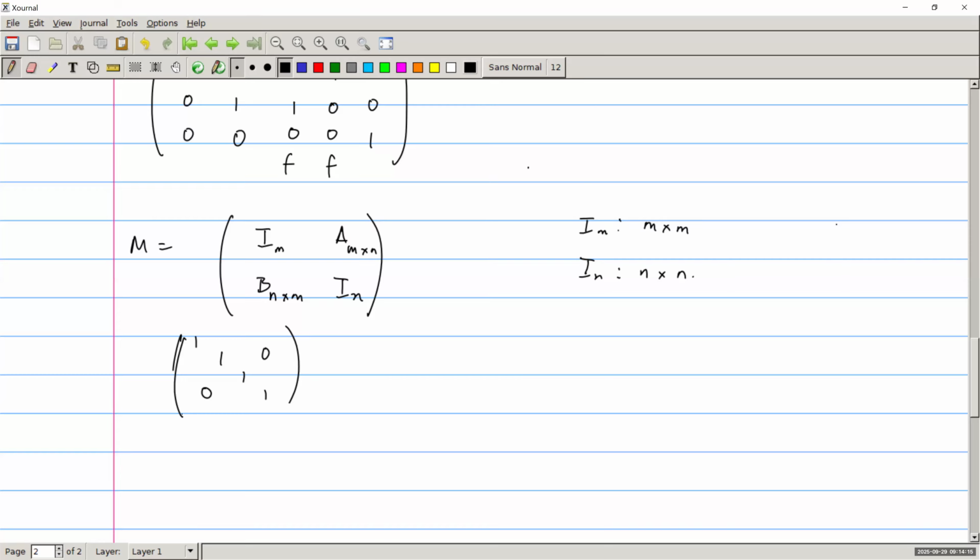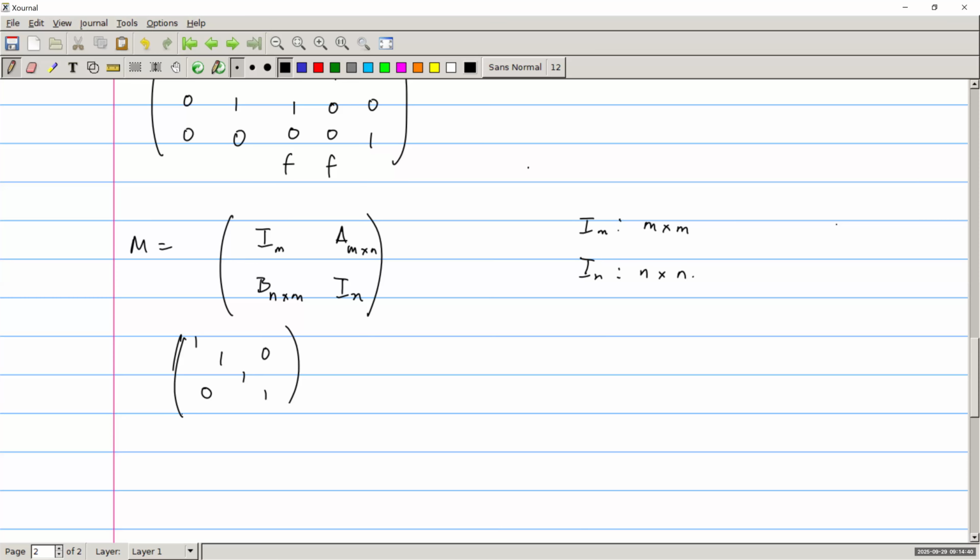As you proceed with elimination, in the first m rows you're not really changing anything, because there are no operations to be done to zero out any entries there. The changes you're doing are all in the subsequent n rows.